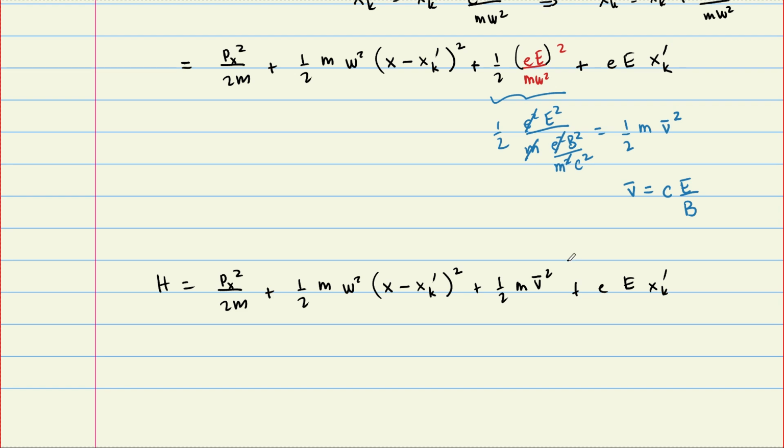So this piece is the harmonic oscillator piece. That's also going to be h bar omega (n plus 1/2). So this is n and k is what I'm going to write. So this is just a constant shift, 1/2 m v bar squared, and this is also like some guiding center dependent shift in energy, plus eE, which comes from electric field, x_k prime.